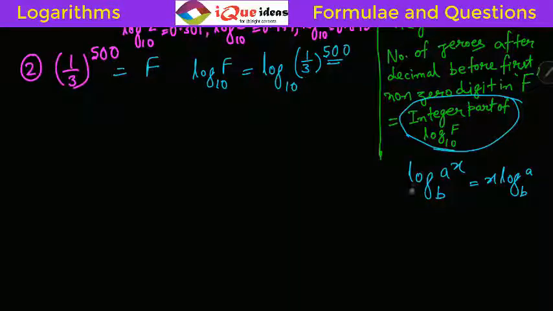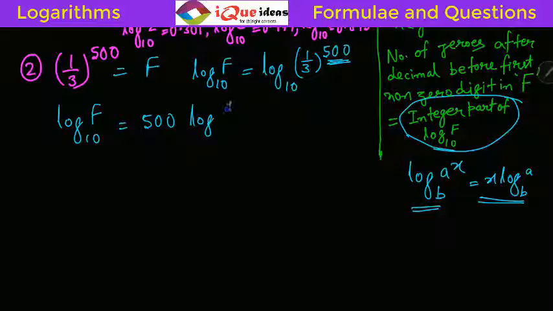We have this rule: log of a to the power x to the base b is equal to x log a to the base b. So here the power 500 will come out and we will have log f to the base 10 equal to 500 into log 1/3 to the base 10. Now 1/3 can be written as 3 raised to the power minus 1.